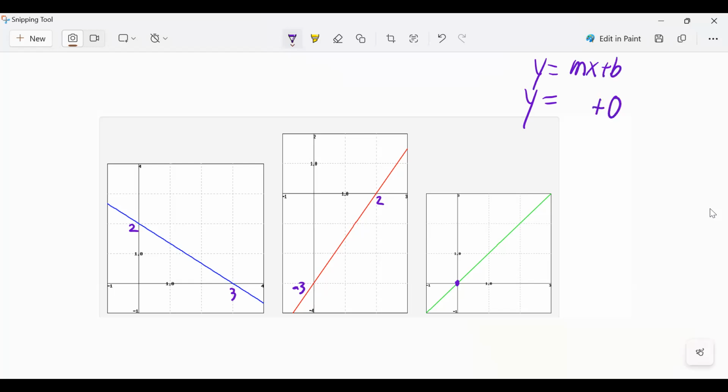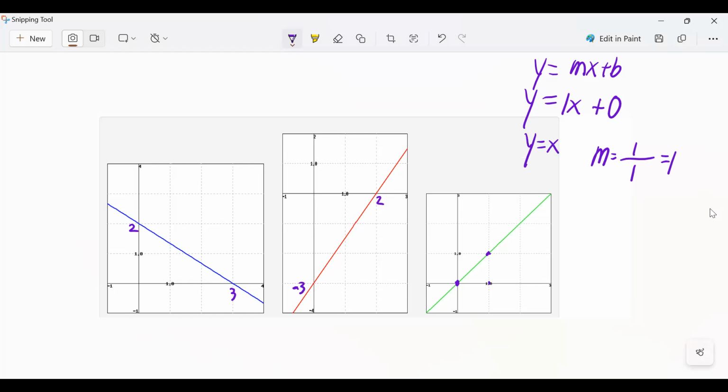The only thing we need to figure out is the slope. From this point to this point, we go to the right 1 unit, up 1 unit, right? So the slope is 1 over 1, it's 1. So it's 1x plus 0, so y equals x.